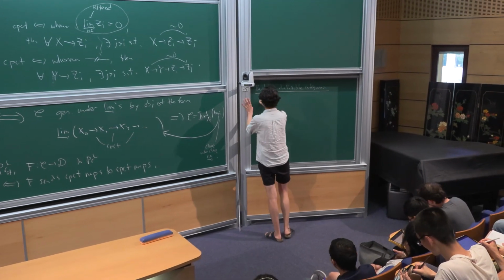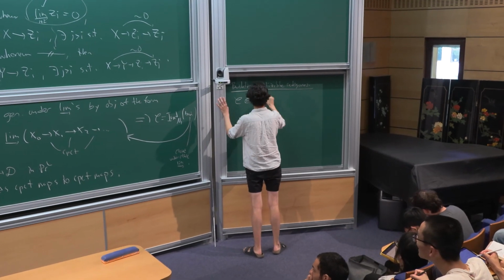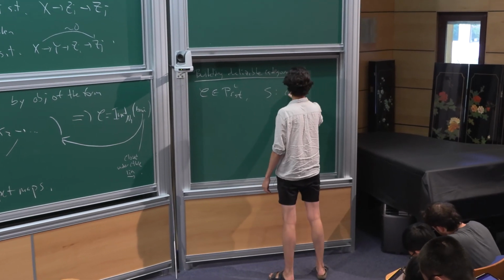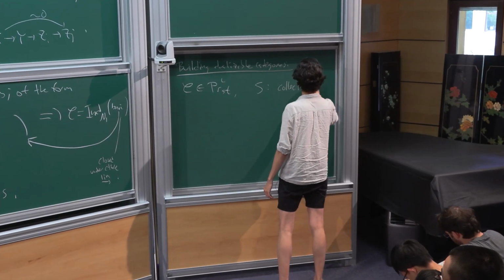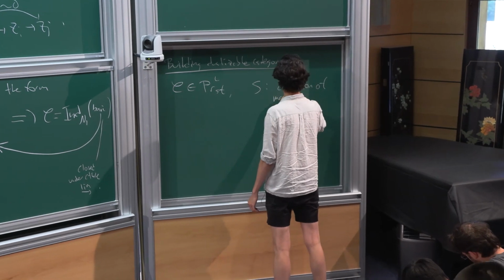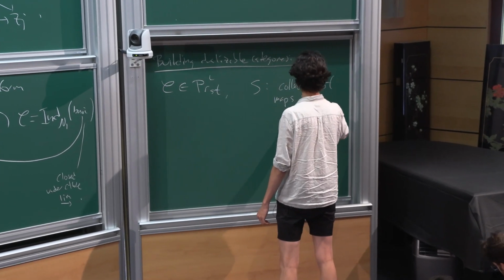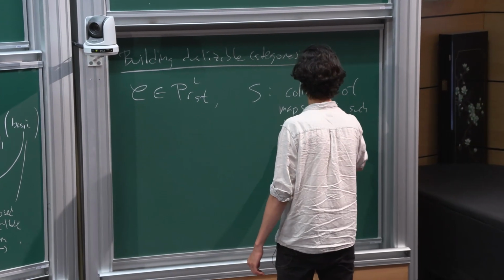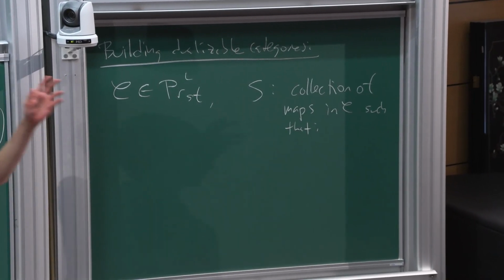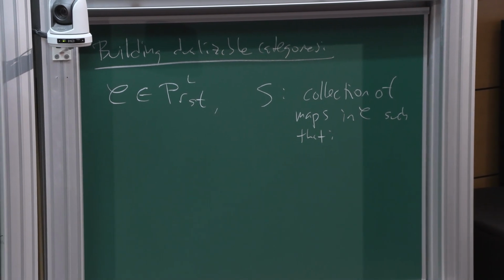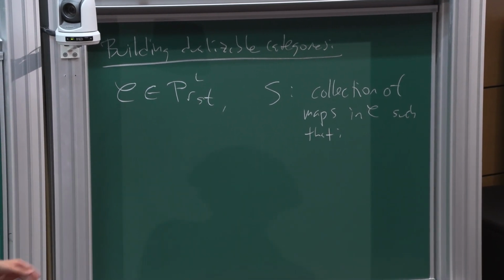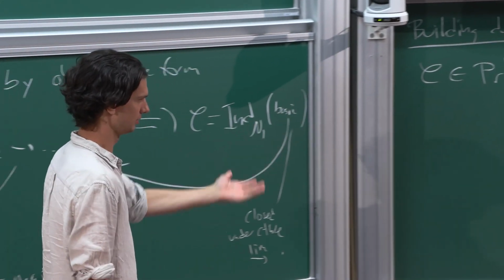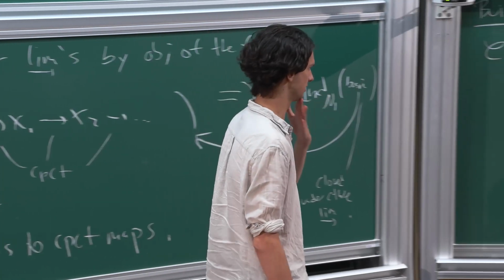Suppose C is presentable, and let's take S to be a collection of maps in C, such that I'm going to have some axioms which are closure properties for morphisms in S. These axioms are not really necessary for the construction of the dualizable category, but for it to have a nice universal property, we'll use these axioms.